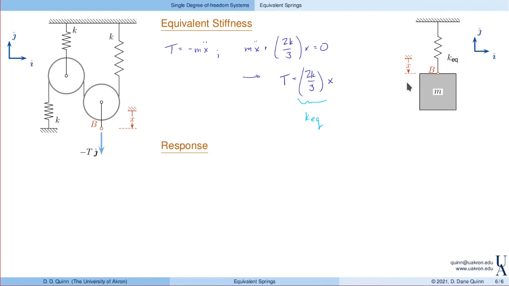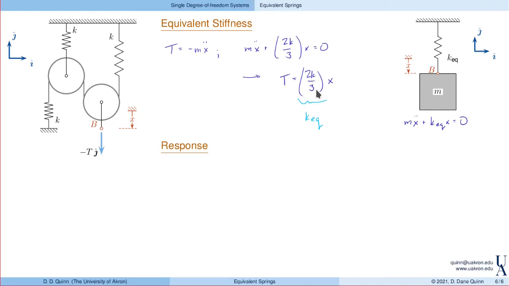If I write the equations of motion for this system, I would end up finding that mx double dot plus k equivalent times x is equal to 0. And with k equivalent equal to 2k over 3, I have exactly the same equations of motion as for this complicated pulley system. So really, what we find is that this pulley system is equivalent to a spring with stiffness 2k over 3.